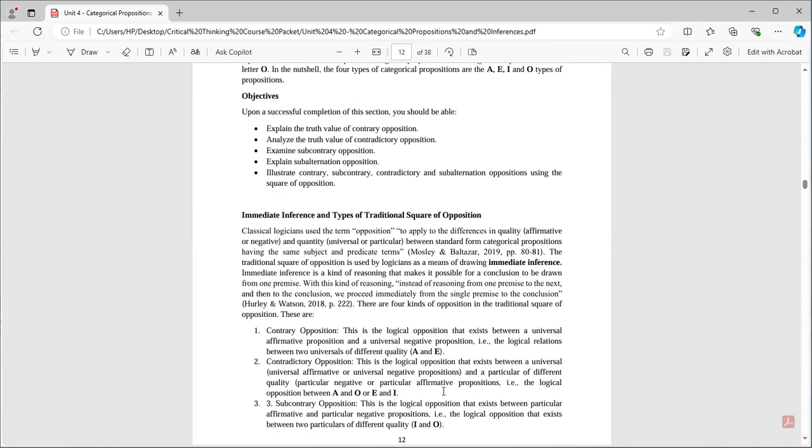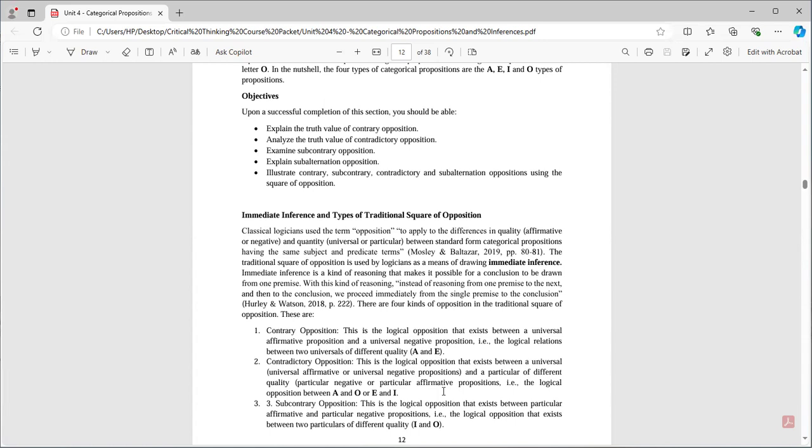Right, so we are going to use our letters. We are going to pair or combine the four kinds of categorical propositions to see what result it will give us.